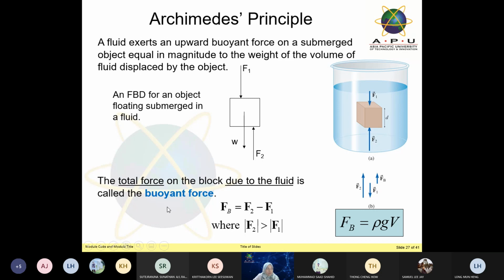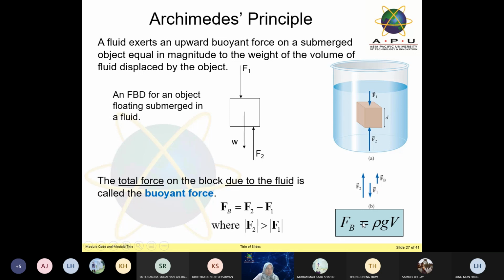So the total force on the block due to the fluid is called the buoyant force. FB is equal to F2 minus F1. So FB is equal to rho g V. In this, we need to know what the rho is also, the density.